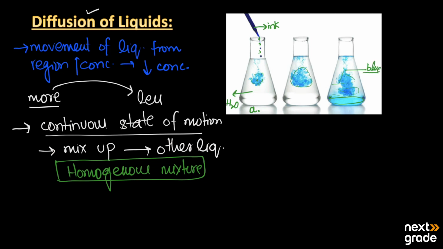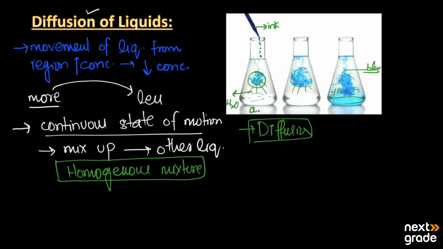This spreading of one liquid into another liquid, we call diffusion. This is simple diffusion, the spreading of the liquid from high concentration to low concentration, because in this area we have higher concentration and in this area we have no concentration of the blue liquid, so the ink started to spread out.